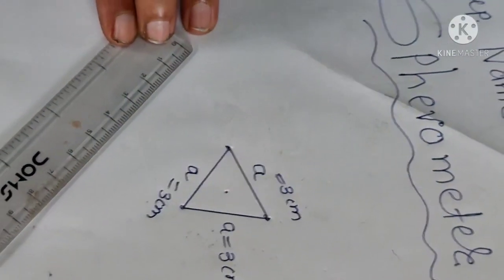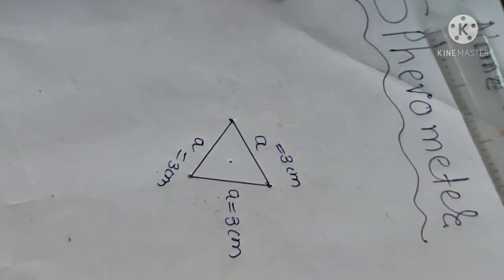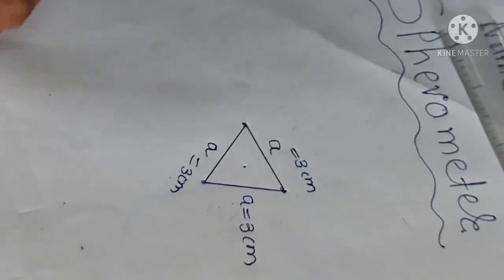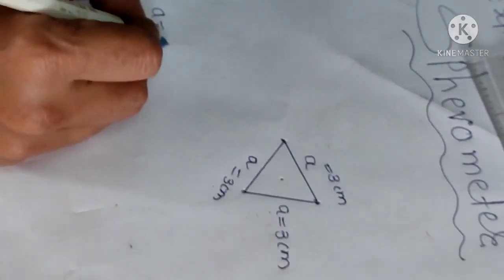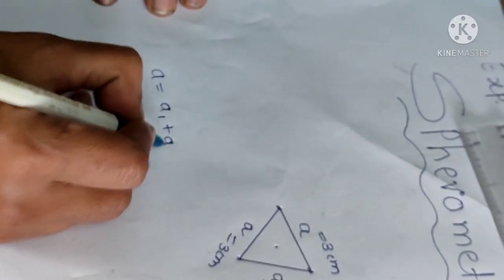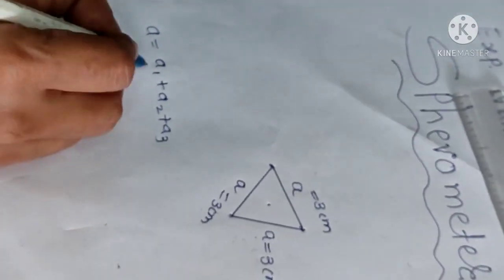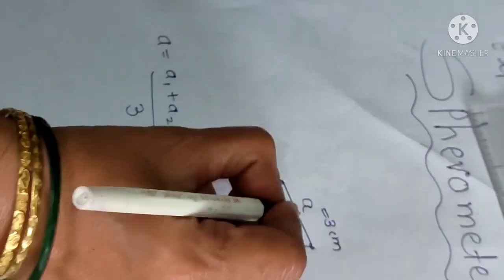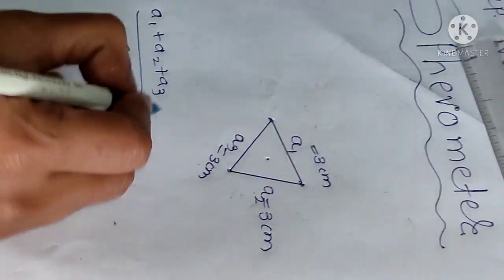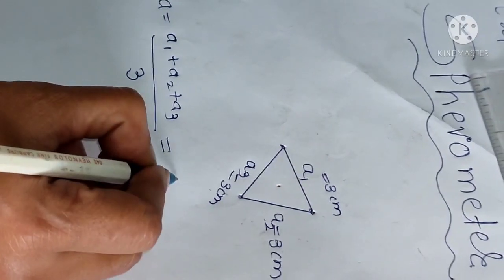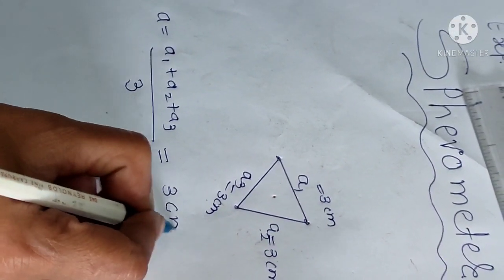Is it clear? So this is what A is. In your handbook it is given that A is nothing but A1 plus A2 plus A3, the whole divided by 3. We'll name the sides A1, A2, A3. So this average comes to be 3 centimeter.